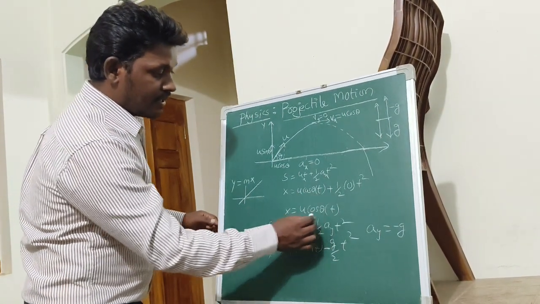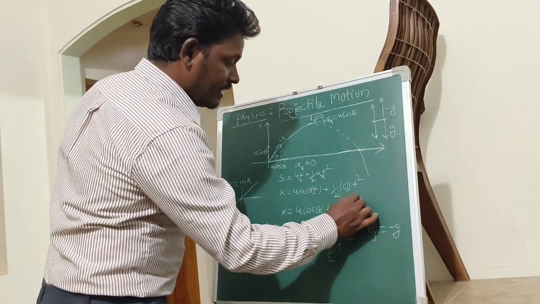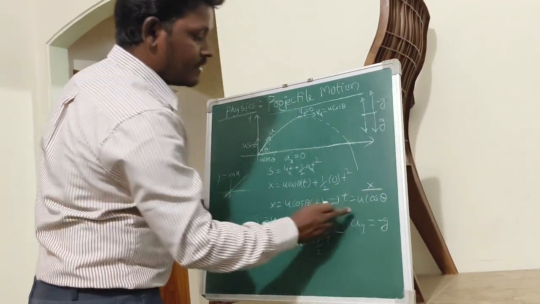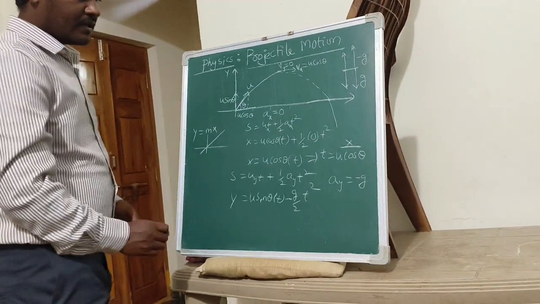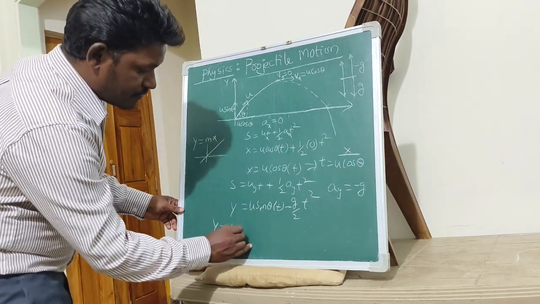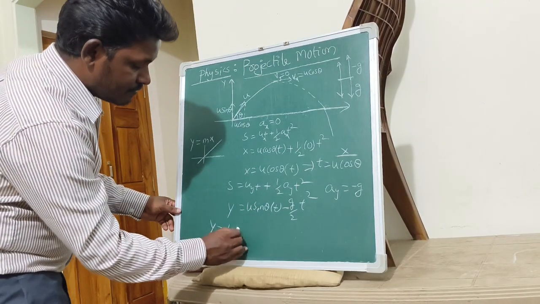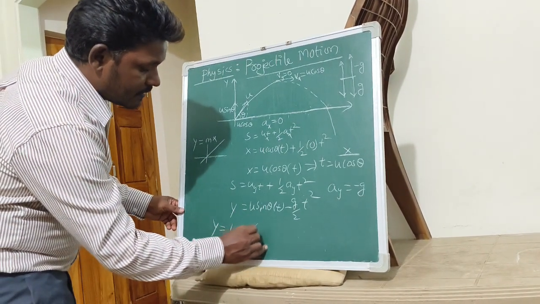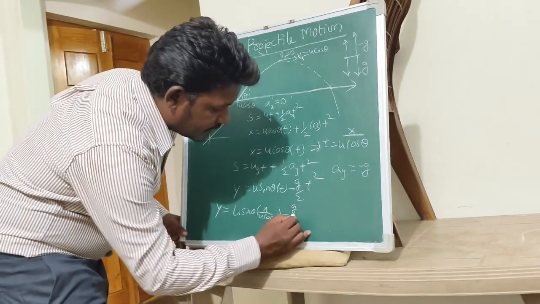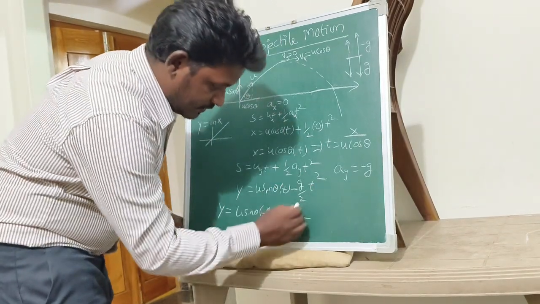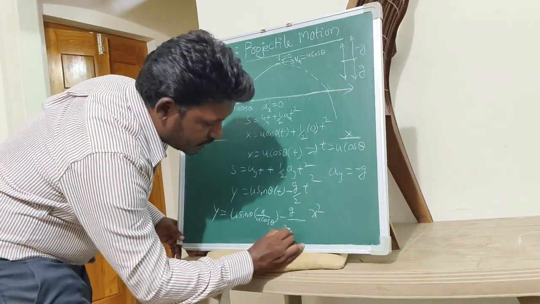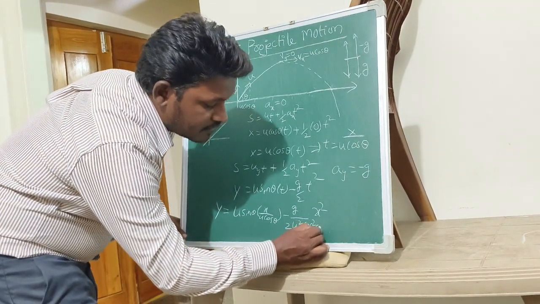So from this we can write, t is equal to x by u cos theta, right? In the place of t we can substitute x by u cos theta. Then when you substitute that, you will get u sin theta into x by u cos theta, minus g by 2 into x square by u square cos square theta.